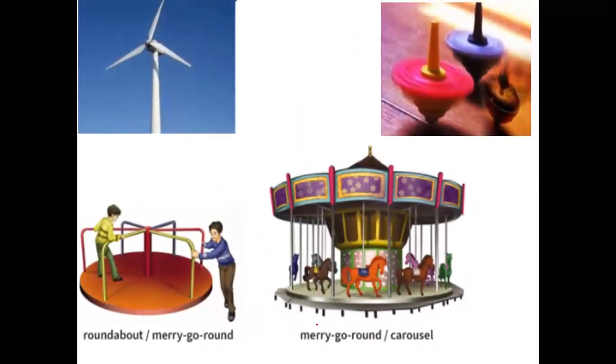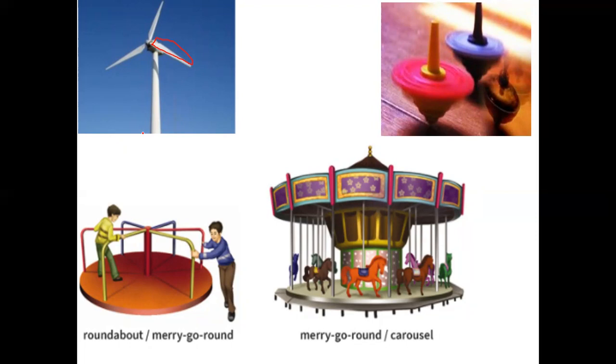These are some types of rotational motion. The blades of this are rotating but stay at their place. But in circular motion, the thing goes round and round and does not stay in one place.